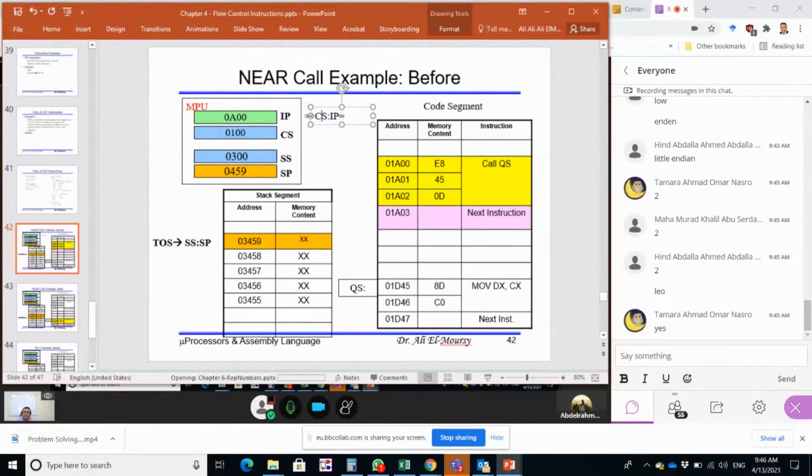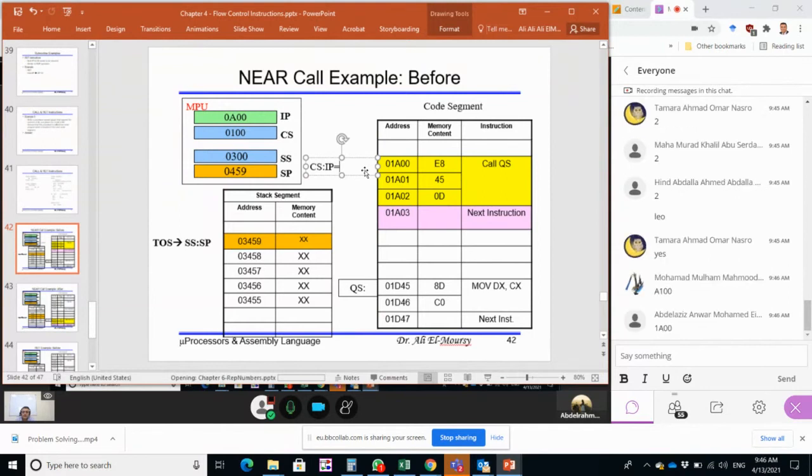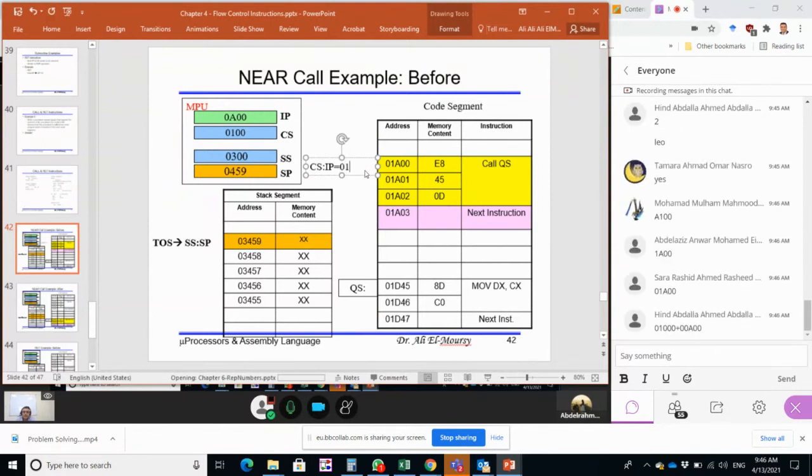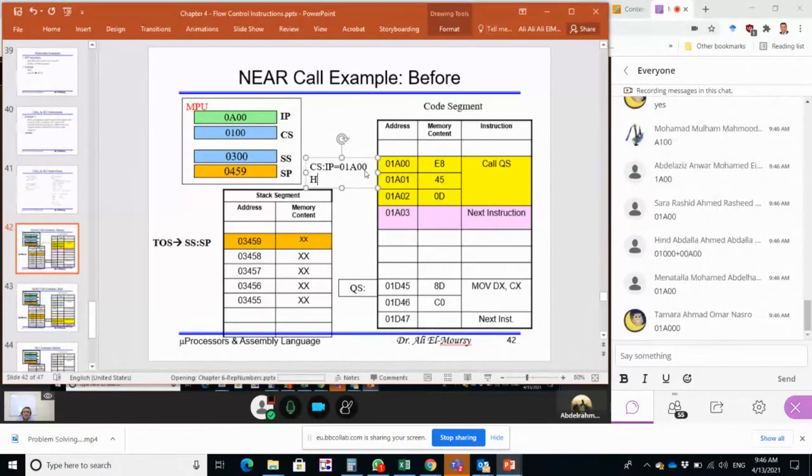Now what's the value of CS:IP? Adding the IP to the CS gives me 01A00 in hex, correct? So this is the current instruction to be executed.